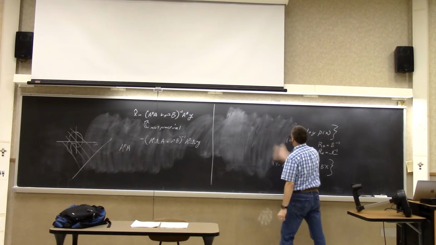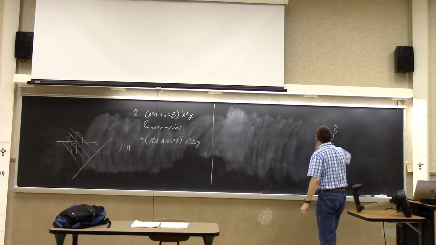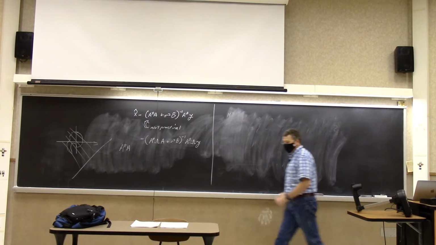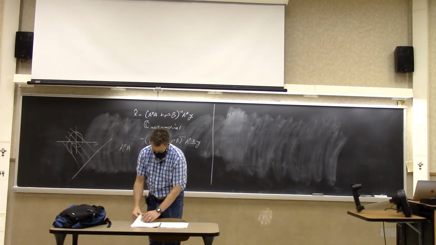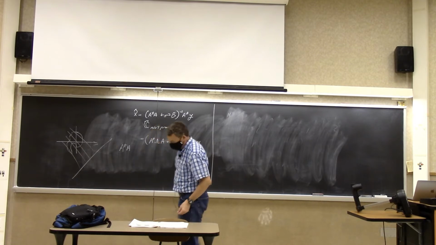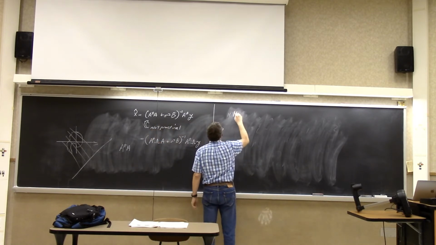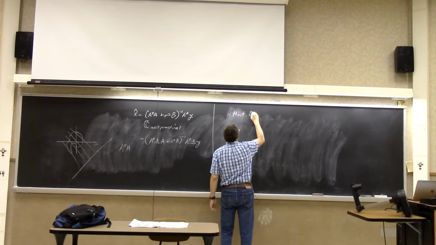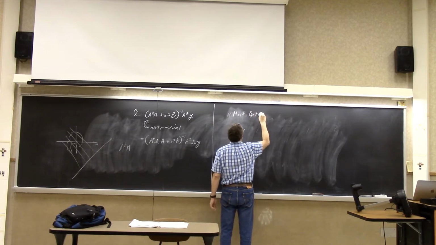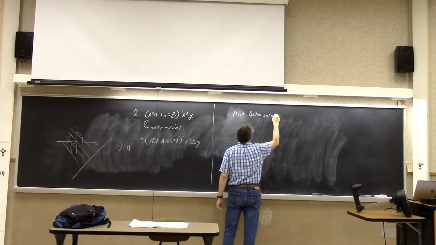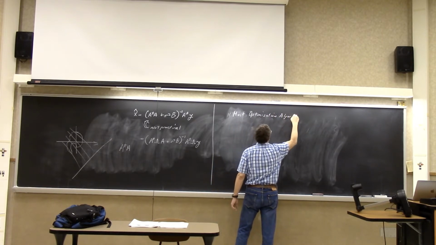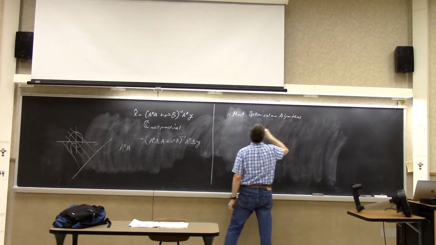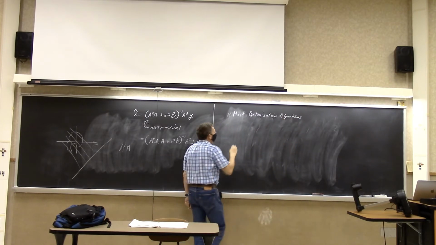Now, the most canonical type of optimization is what's called gradient descent. Most optimization algorithms have the following form, okay?